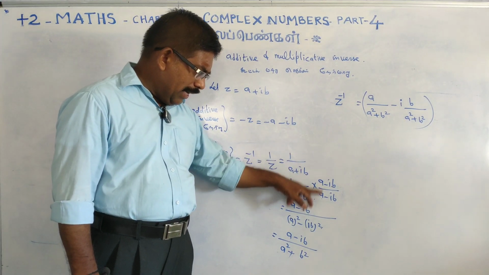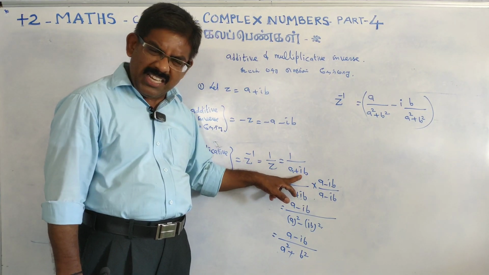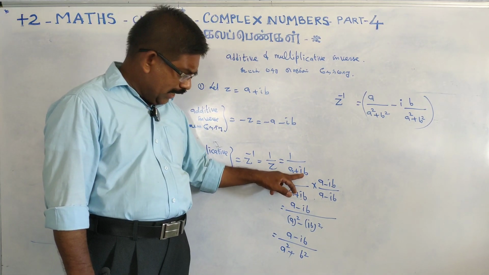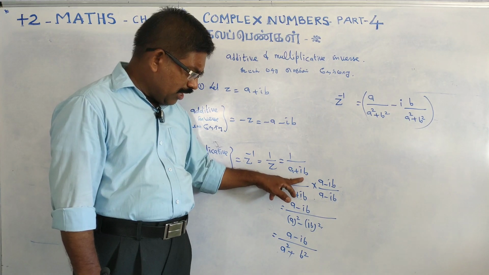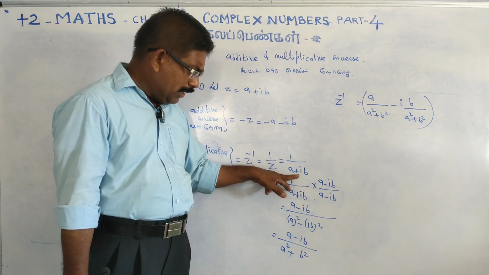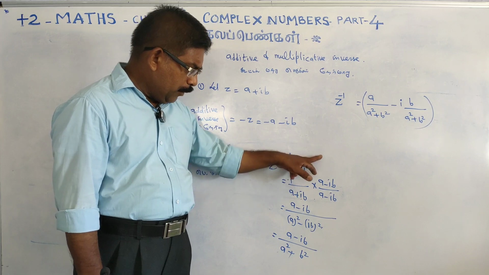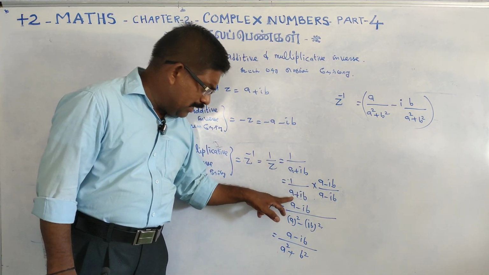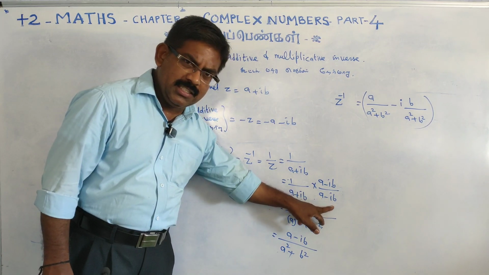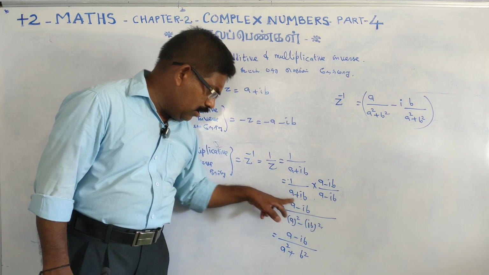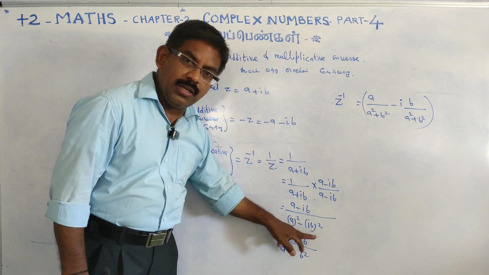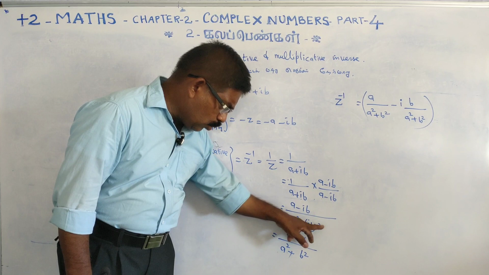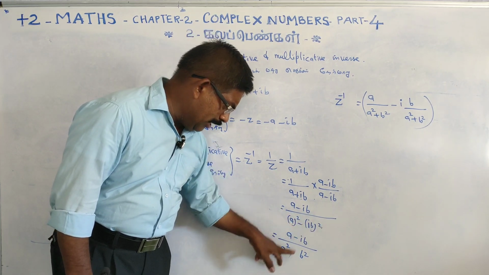If the denominator term has i, to remove it we multiply by the conjugate on both numerator and denominator. 1 into this term, the denominator is a plus ib into a minus ib, so we apply the formula a square minus b square. i square is minus 1, minus into minus is plus.